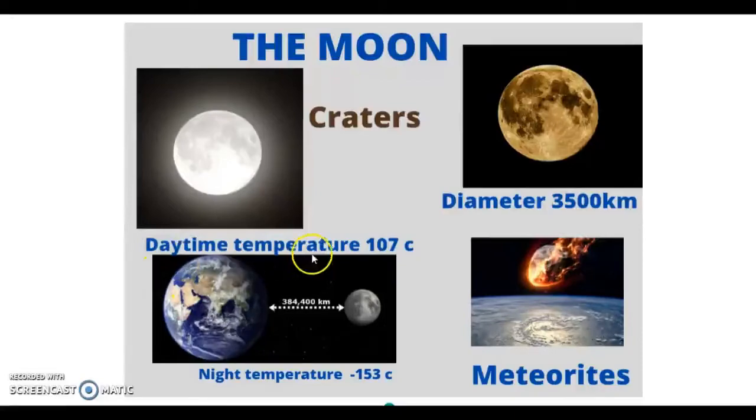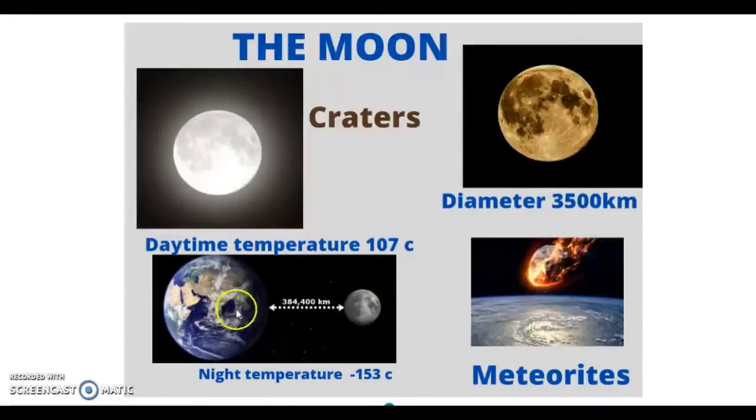Let us see what the temperatures on the surface of the moon are like. In the daytime, the sun shines on the moon surface, so the temperature of the surface rises and reaches nearly 107 degrees centigrade. And what is the night temperature of the moon's surface?